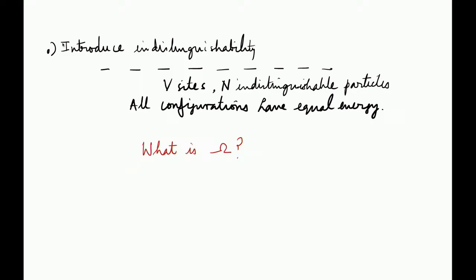V power n by n factorial. Why? One answer is V power n by n factorial.